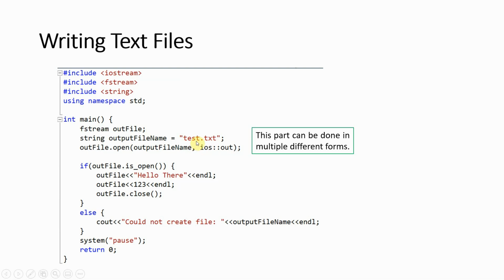Otherwise you might have problems opening that text file or writing other things to it. So you have to close it. When you open it, you always have to close it when you're done.